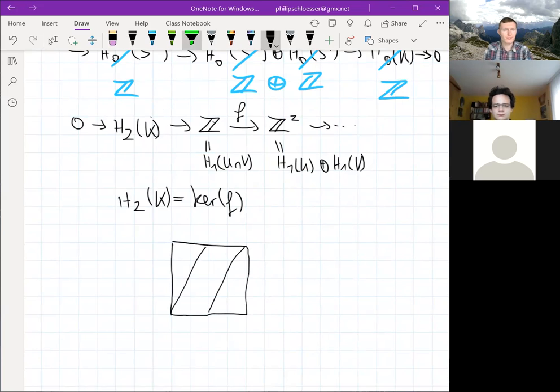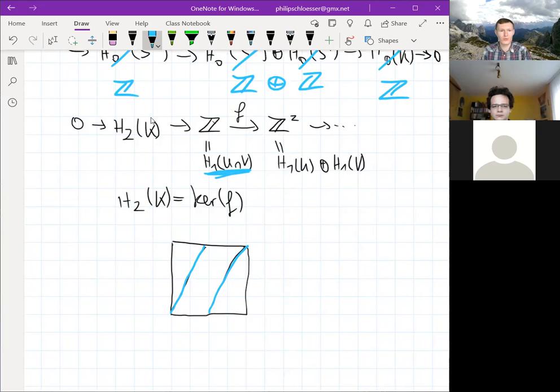So now if we define our isomorphisms nice and coherently, we have that this group here, the homology group of the intersection, is generated by the cycle, or by the line that just goes once around.